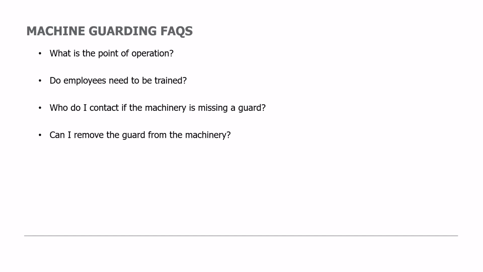Do your employees need to be trained? And the answer to that is most definitely 100%, they have got to know what that particular machine does, how the safeguards work on it. And I mentioned that earlier. And the other thing, too, is if there's any changes to that equipment from when the employee was first trained, make sure the employees know what the new updates may have been to that piece of equipment. Maybe something's been added on, or maybe something's changed as far as maybe the settings or something like that.